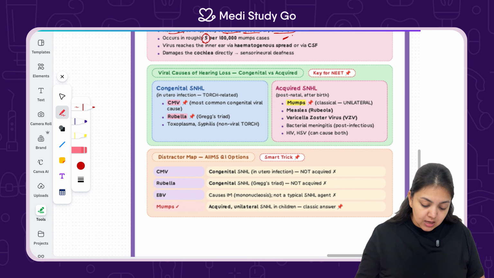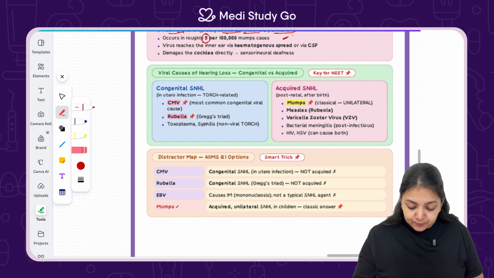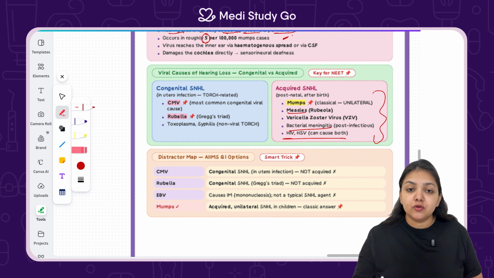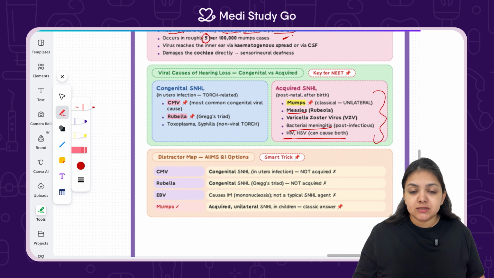Other thing which you can also see is that the cases where hearing loss is present other than mumps are measles, varicella zoster infection, bacterial meningitis, HIV, HSV. Now these all also have hearing loss, but we need to differentiate according to the virus which is present as to which infection is actually present. For example, there can be some questions which are going to distract you to mark the wrong answer.